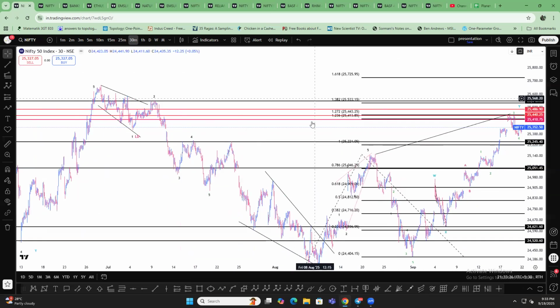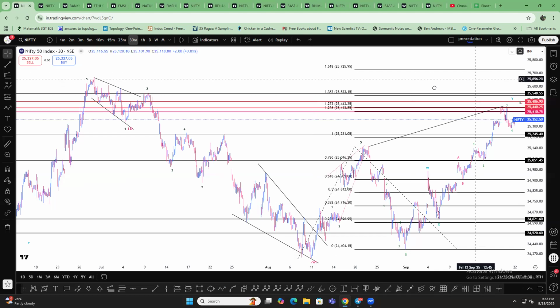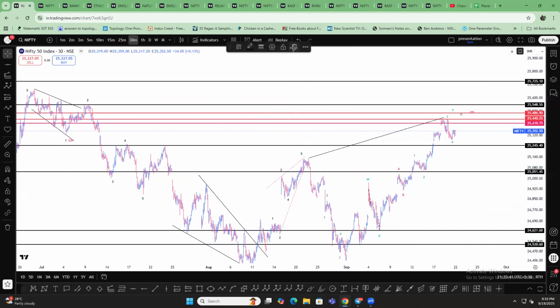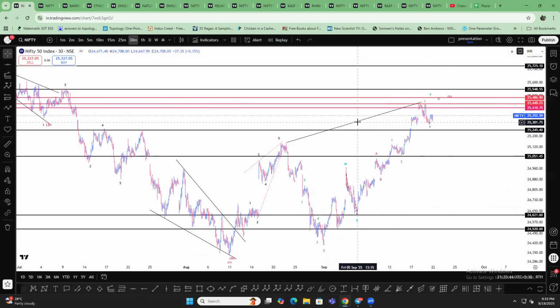Till then, this flat is still valid and price may decline from here also, right? So this is the invalidation level. Okay. So here's the complete analysis about our index.